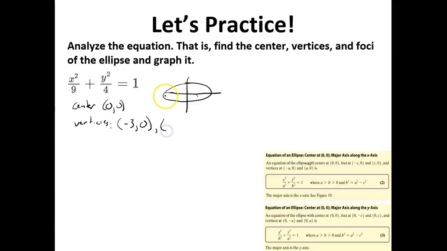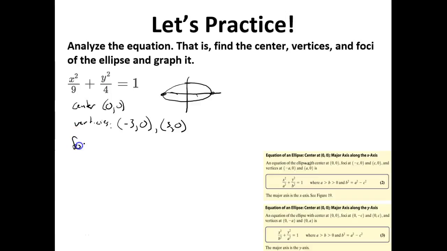And that's one of the vertices. The other vertex is going to be at 3, 0. And that should make sense because if you put negative 3 in here, negative 3 squared is 9 over 9, which is 1, plus 0 squared over 4 is 0, we will get 1. So there are our vertices at negative 3, 0 and 3, 0.